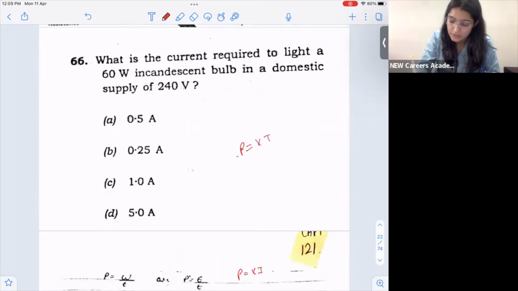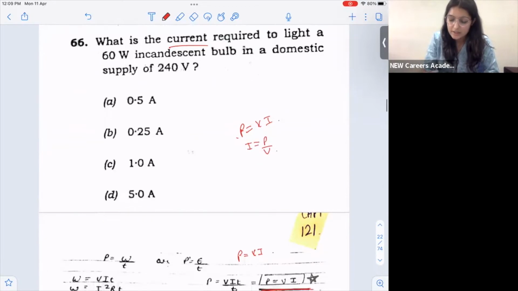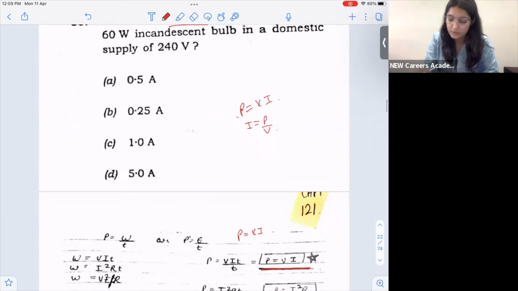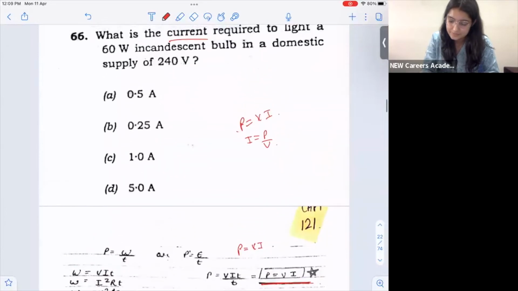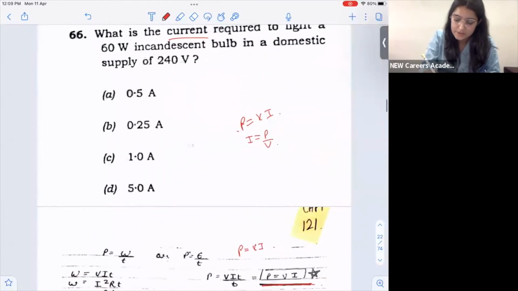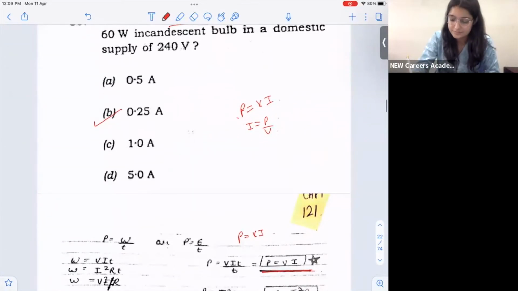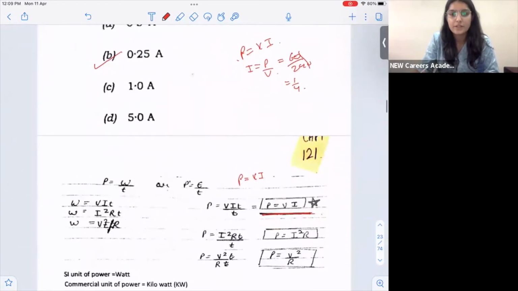We need to find current, so current would be P by V, 60 by 240, right? So the answer is option B, 0.25 amperes.